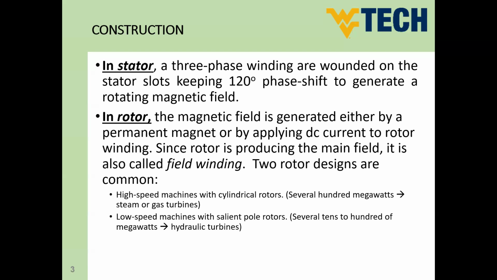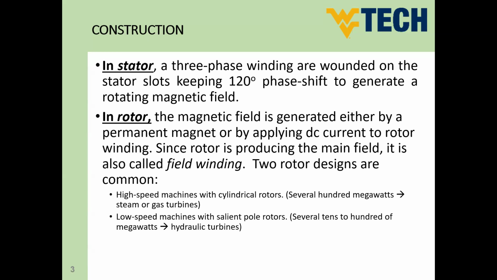In this case, this will need slip rings and brushes in order to connect a DC source to a rotating coil, a coil mounted on a rotor structure. So we cannot have a physical connection with solid wires.